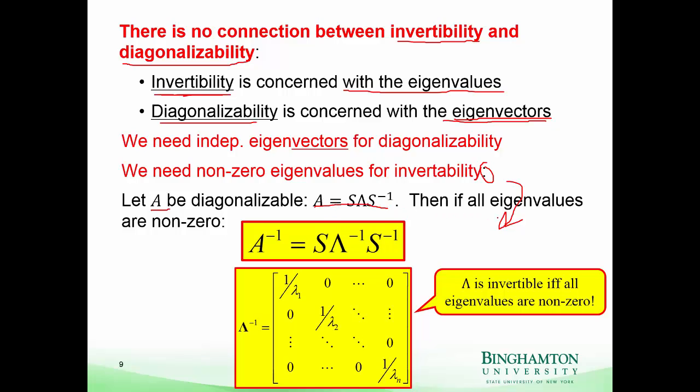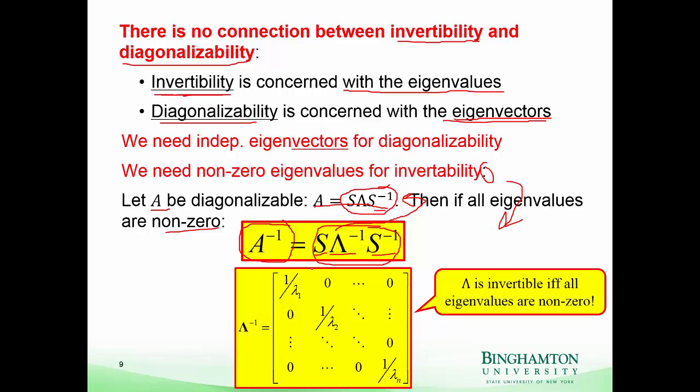Then if all the eigenvalues are non-zero, then we can write A inverse as just the inverse of this side. And it turns out that ends up working out as S lambda inverse S inverse, which you can check if you just multiply all of this stuff, move it right up here, multiply away.